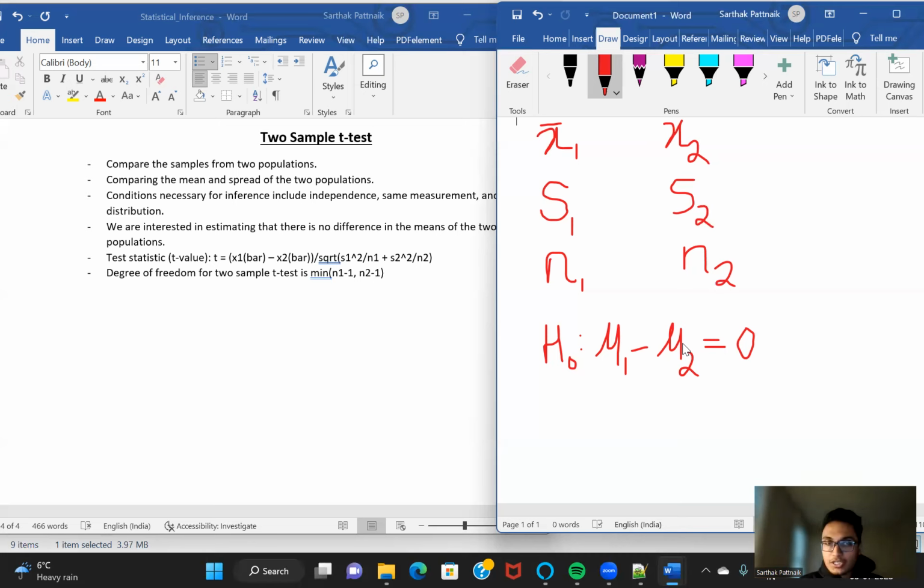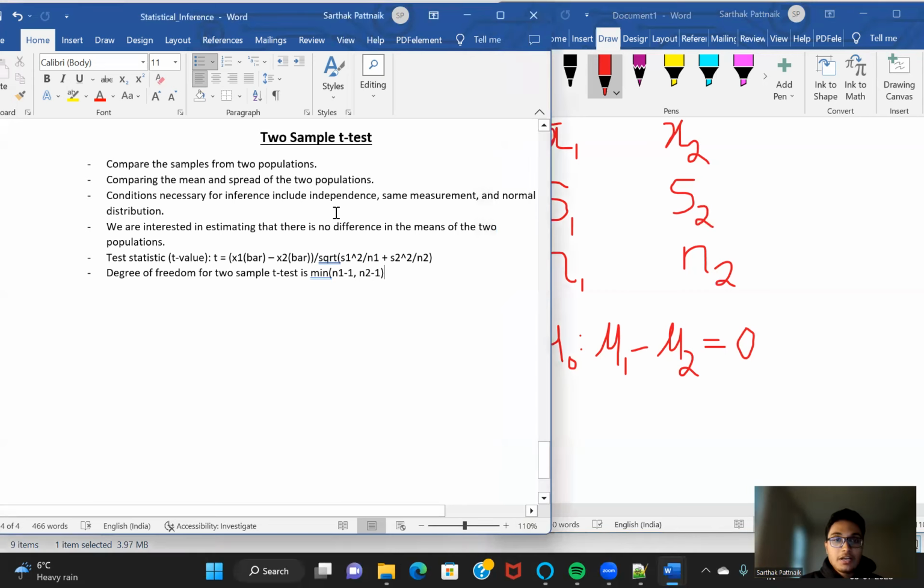There are a couple of conditions which are important before we carry out a two-sample t-test. These are the condition of independence, the condition of same measurement, and the condition of normal distribution. Independence means that the two samples should be chosen independently. Same measurement means that we have to compare the parameters of both populations which have similar measurement units.